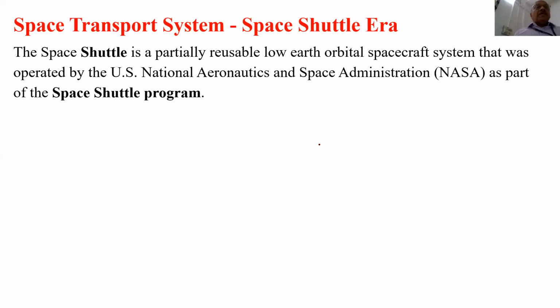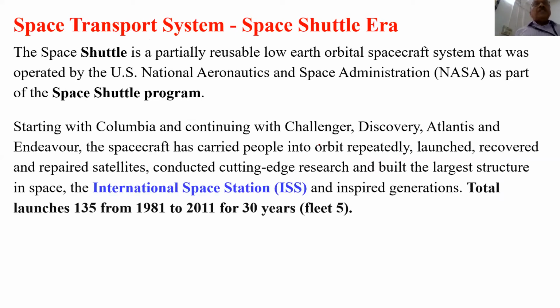They had a fleet of 5 spacecrafts and 135 launches, and it started in the year 1981 and was stopped in the year 2011. These 5 space shuttles were Columbia, Challenger, Discovery, Atlantis, and Endeavour. And most of their work was related to the International Space Station.